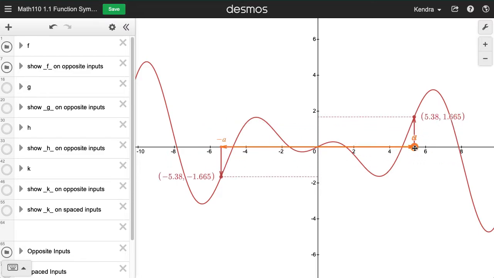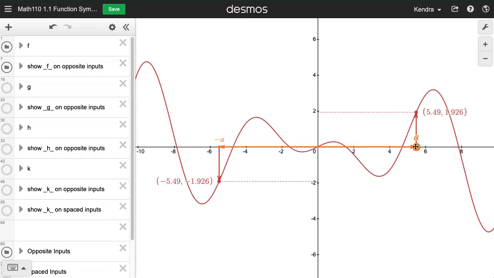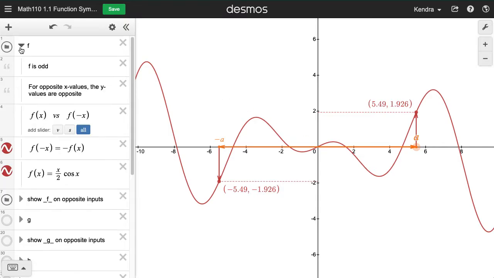If you remember what kind of function gives opposite outputs for opposite inputs, you might remember that this function is called an odd function. I can click on this and see that f is an odd function. For opposite x values, the y values are opposite.